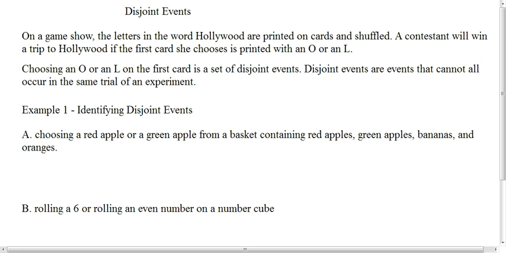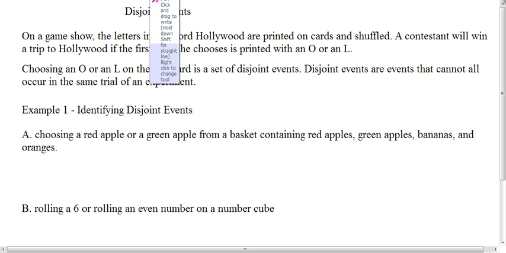So let's take an example. We want to look at some examples of disjoint events, determine whether each set of events is disjoint, and explain it. Here we have a basket containing some fruit, and we want to choose a red apple or a green apple from the basket. The basket contains red apples, green apples, bananas, and oranges.